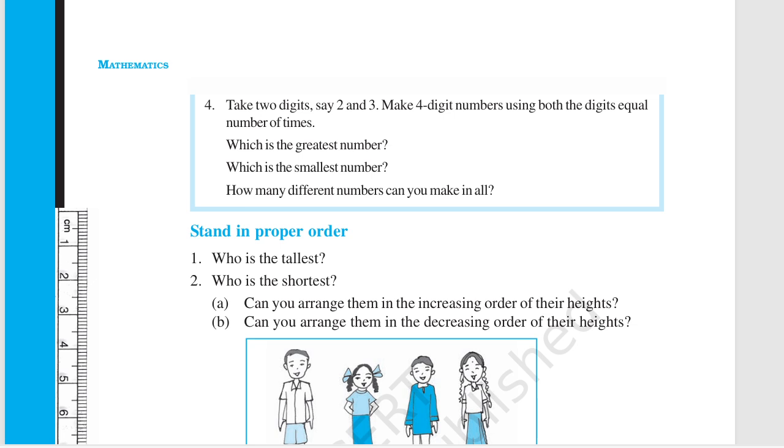Take two digits, say 2 and 3, means there are two digits given to us. Make 4-digit numbers using both the digits an equal number of times.